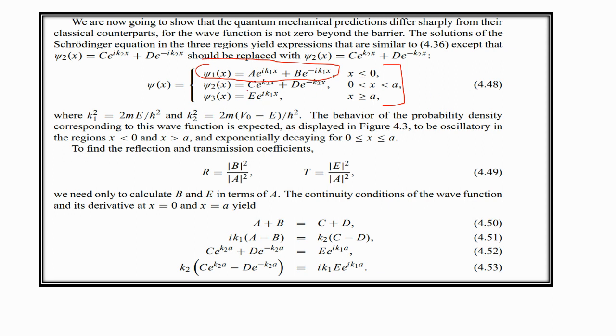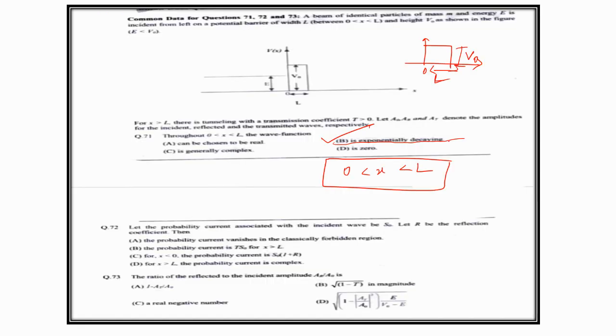In the second region, you will get an exponential function. In the third again you will get complex terms. So for the second region, you are getting exponential decay, because the probability of finding the particle in that region when E is less than V will be exponentially decaying. So for this question, the answer will be exponentially decaying. It will go like this way. So this is 0, L. First it will be like this, then it will go like this way, then again it will go like this.